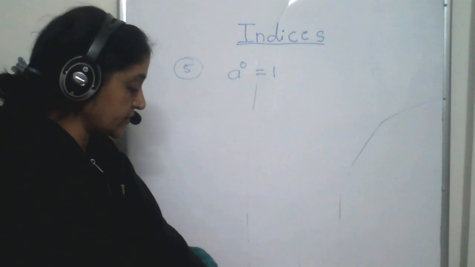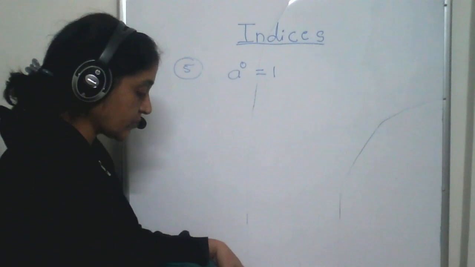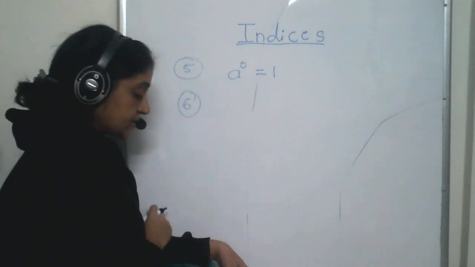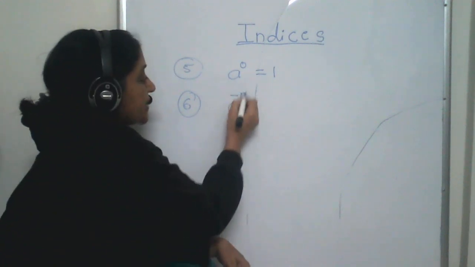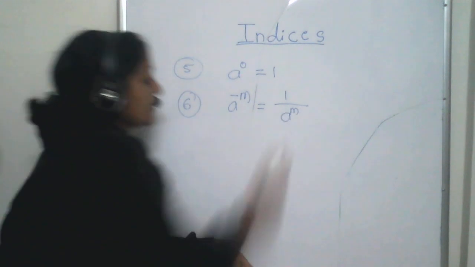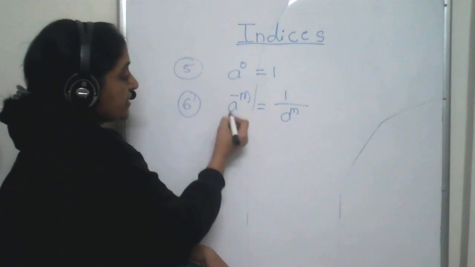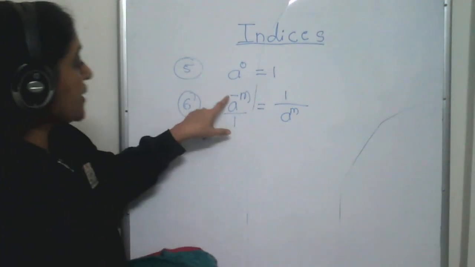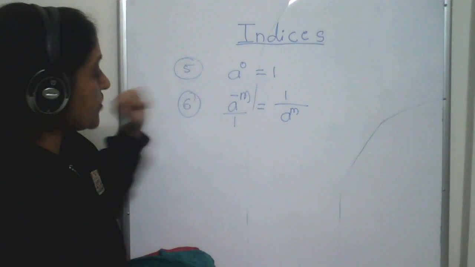Next we have negative power. Here it is. If at all I have a to the power minus m, it is equal to 1 upon a to the power m. If we just read a to the power minus m, what is the denominator? 1. Now to make the exponent positive, we have to take the reciprocal of it.